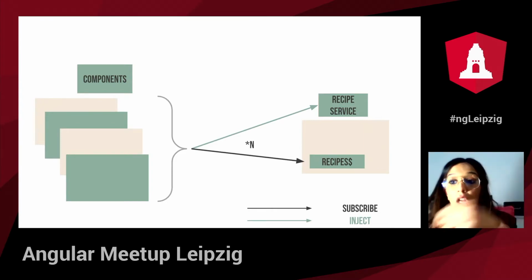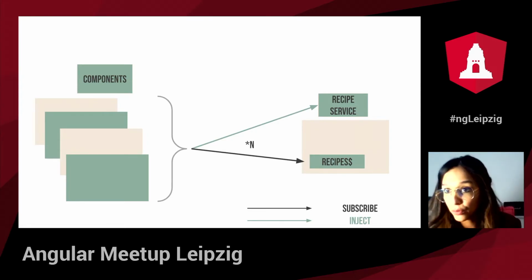You can do many things through it. So I said, okay, it's very good. I put in place the recommended pattern. I put my stream as a public attribute in my service. I am injecting it in my components and subscribing to it in, let's say, 3 or 4 components.